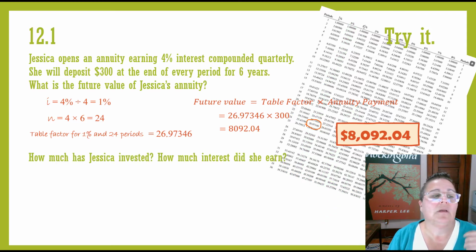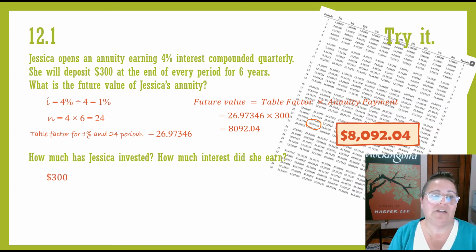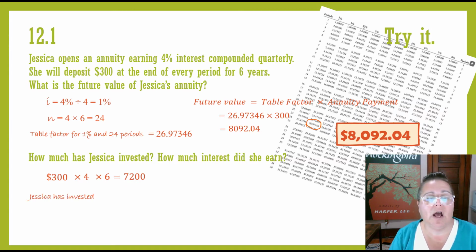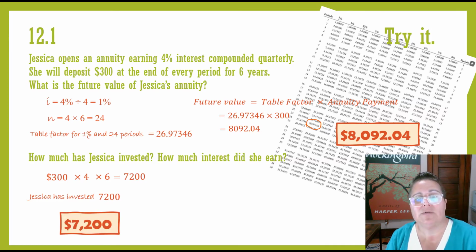Now, how much has Jessica invested and how much interest did she earn? Well, we know that Jess put in $300, 4 times a year for 6 years, or 24 times. So when we multiply that out, we can see that Jess has invested $7,200. That's how much Jess put in. The value of that account at the end was actually $8,092.04.